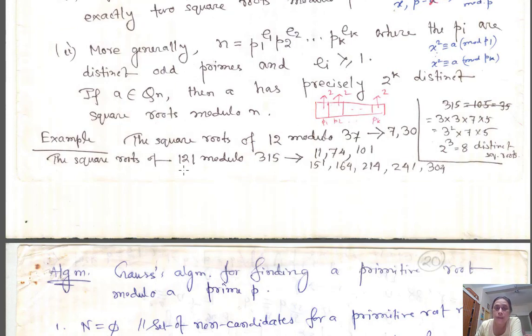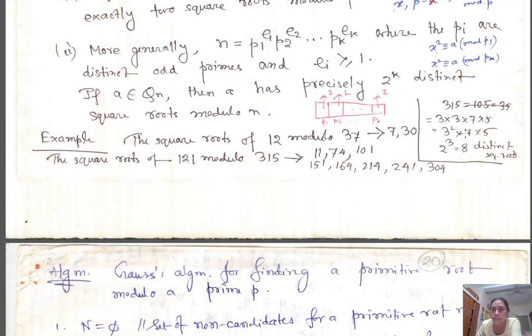Now if you are asked to find the square roots of 121 modulo 315, this modulus is factored as 3 square into 7 into 5. So how many solutions will you get?